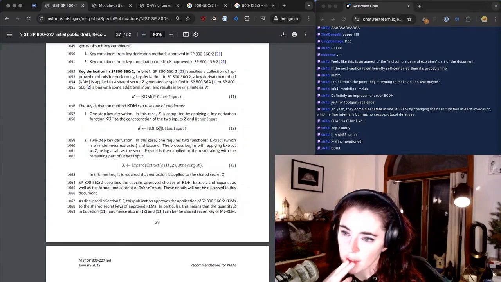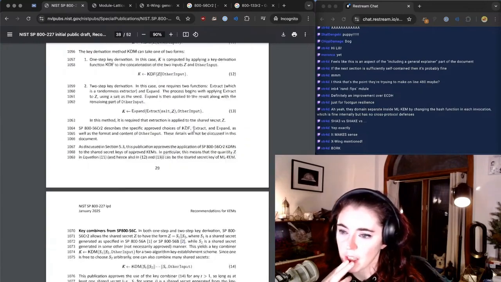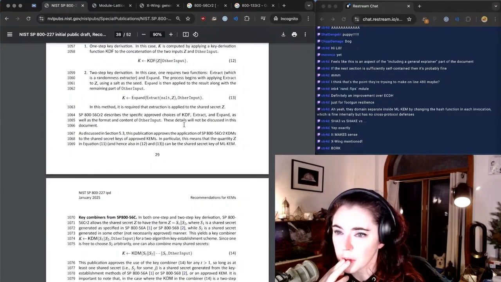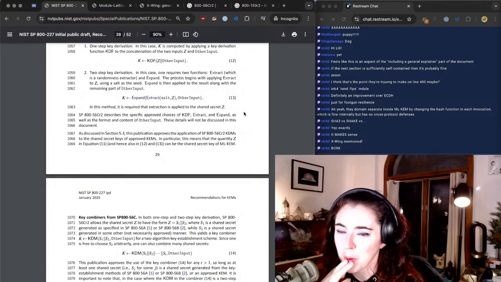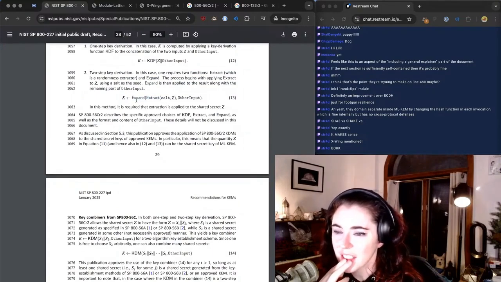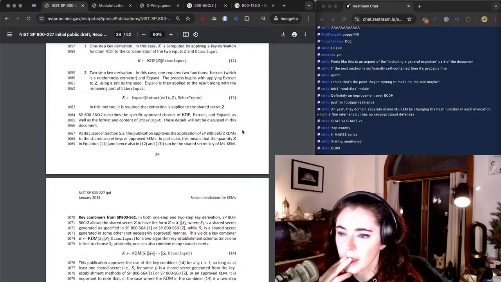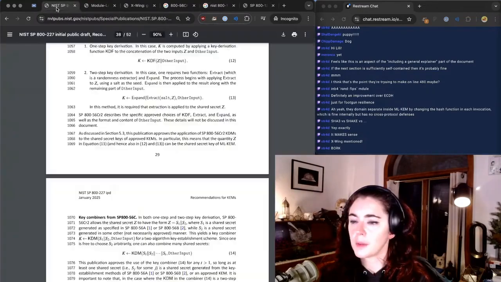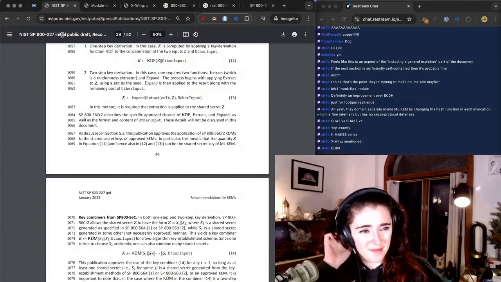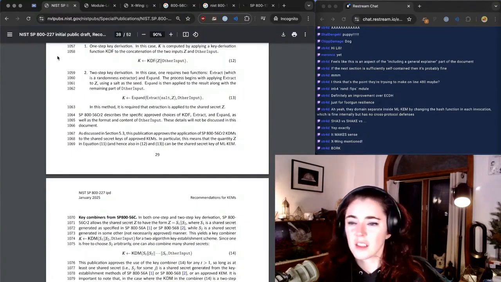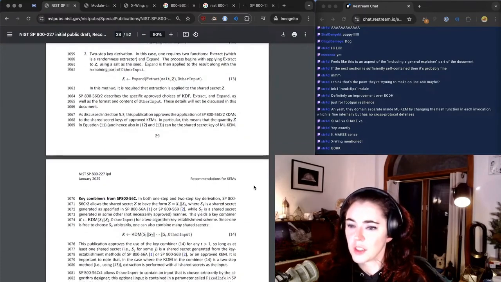It's just KDF with some other stuff, which we kind of did, the two-step. Cool. Oh boy. How does this work with SHA-3? Yeah. Oh, this is curious. Okay. Probably looked at this 5 million times. When it's the SP 800 series, all the numbers just kind of run together.